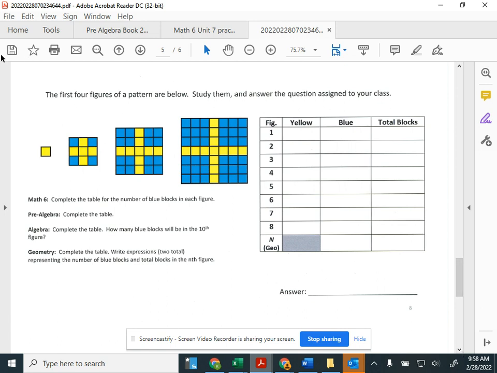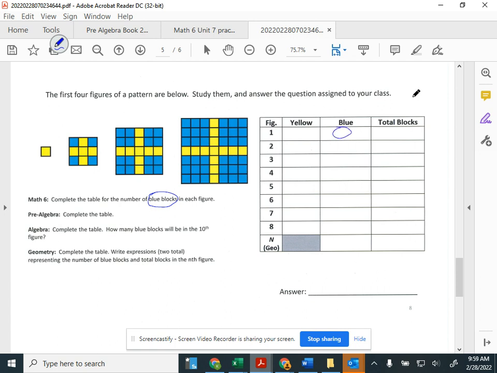All right. First 4 figures of a pattern are below. Study them and answer the question assigned to your class. So on your paper, they're not actually colored in. They're black and white. But we can tell what's yellow and what's blue. So we need to find out how many blue blocks are in each figure. If we look at figure number 1, how many blue blocks are there? 0.